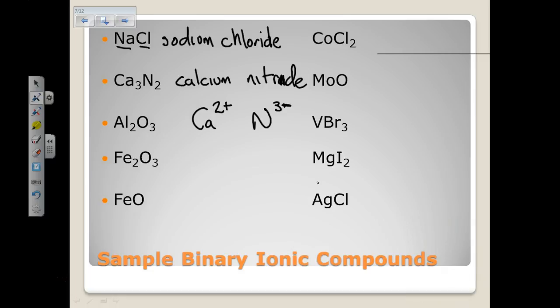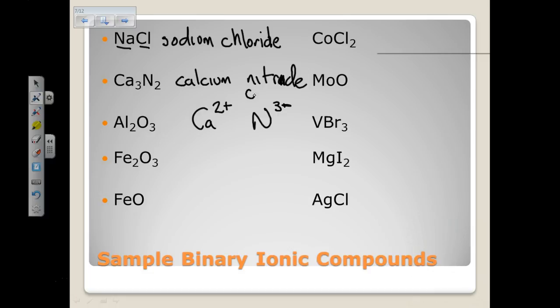Because the charges are set, we know that in order to get this to even out, you have to have 3 calciums, and then you also have to have 2 nitrogens. What is the least common multiple of 2 and 3?